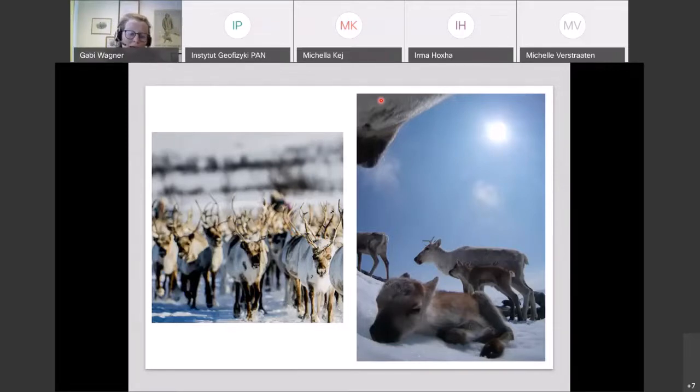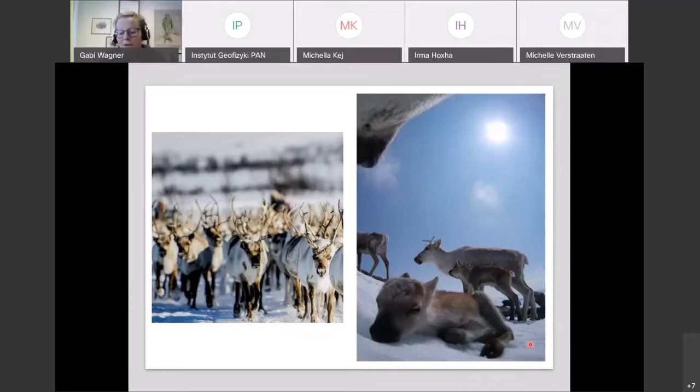Here in Norway, the herders move the smaller herds around between the coast and the mountain regions, and they're looking for quiet spots for the reindeer to have their calves. The calves are usually born on snow and ice, which they're perfectly equipped to deal with.